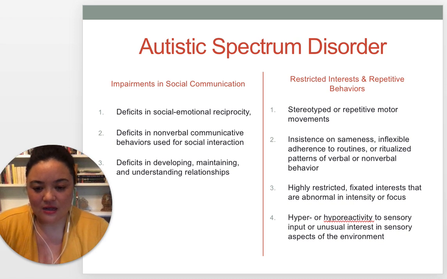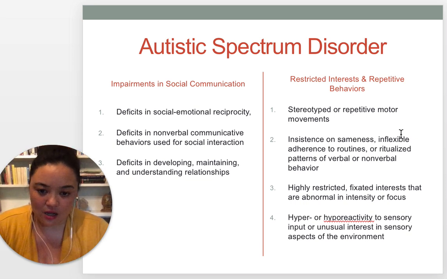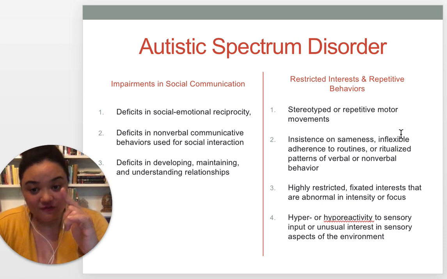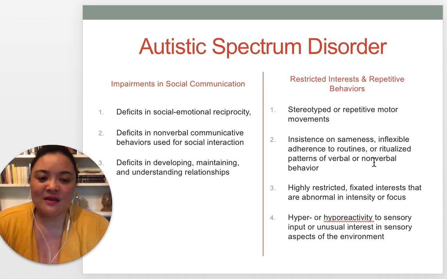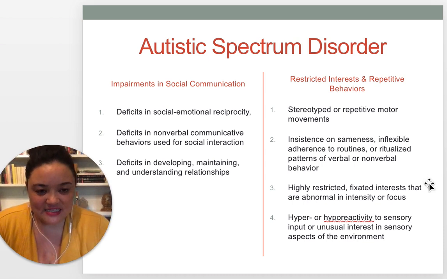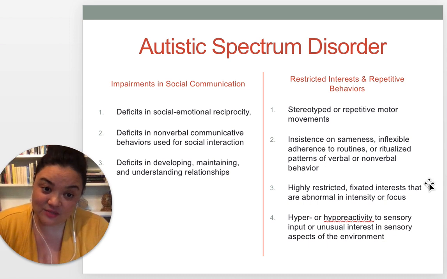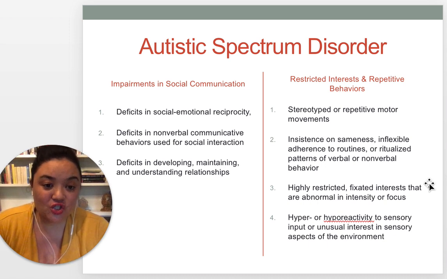Okay. Something that also is common in a lot of individuals that would fall under this repetitive motor movement or stereotype behaviors would be lining objects up, right? Flipping movable parts of toys, right? That's oftentimes something we see in young kids. Next would be an insistence on sameness, inflexible adherence to routines, or ritualized patterns of either verbal or nonverbal behavior.